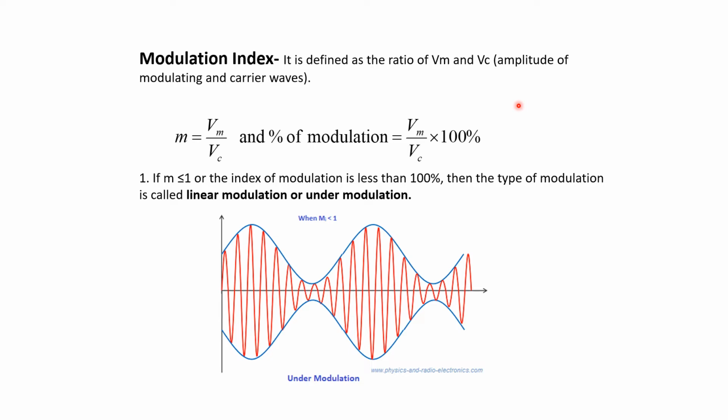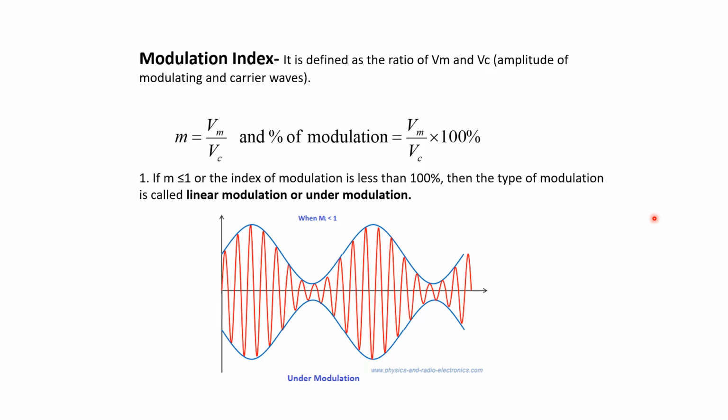This modulation index or the index of modulation is a very important factor which determines the quality of modulation. The numerical value of modulation index gives us an idea how the quality of the message which will be received at the receiver end will be, whether it is of good quality or of some lower quality, or whether it will be a distorted kind of signal.